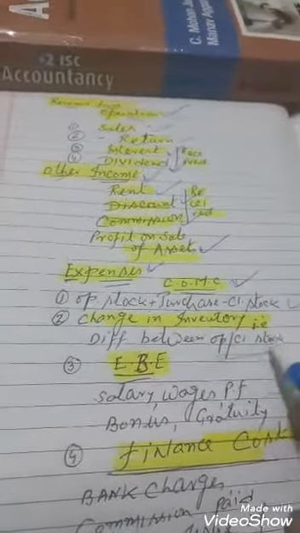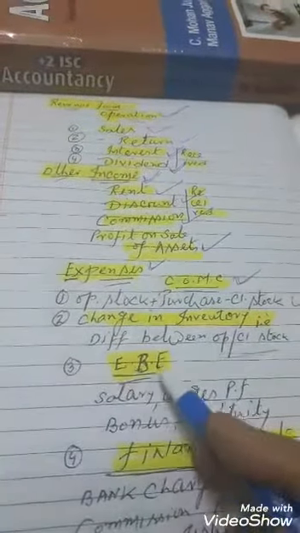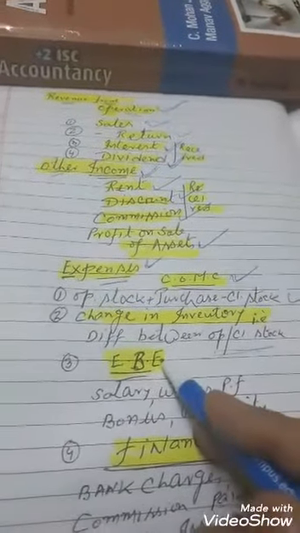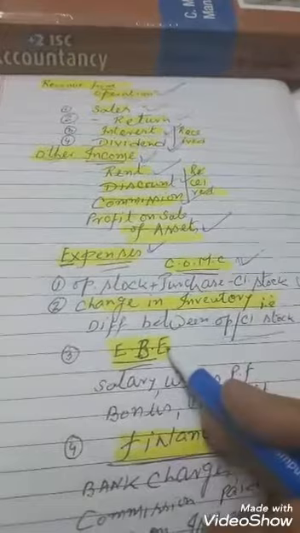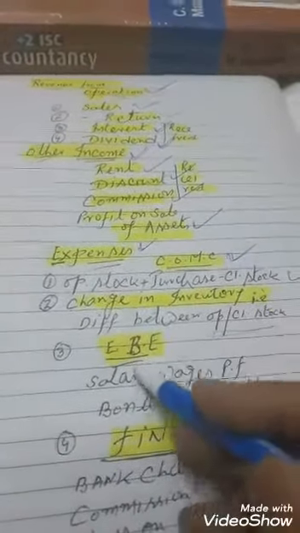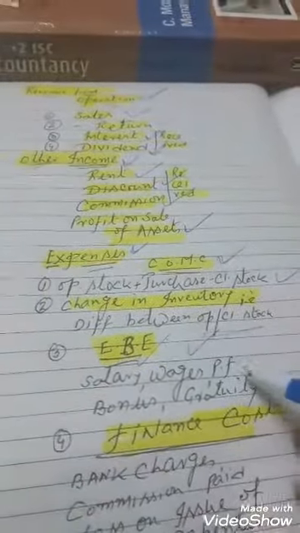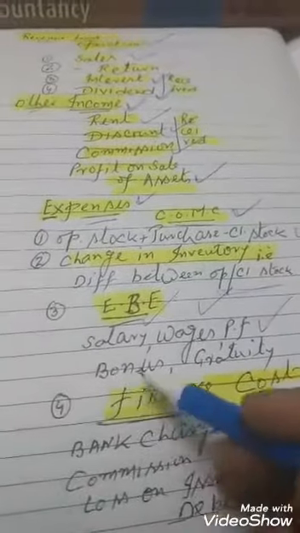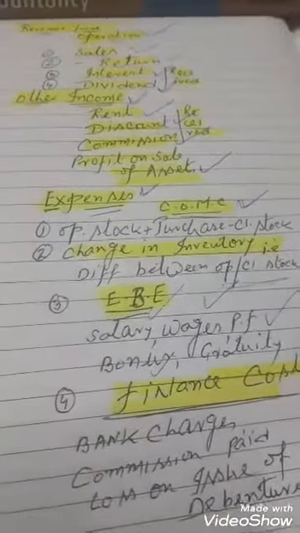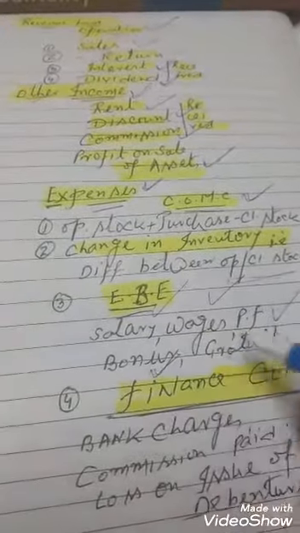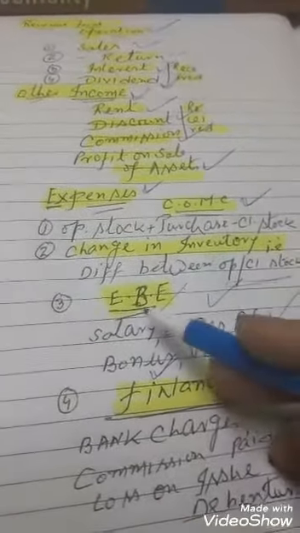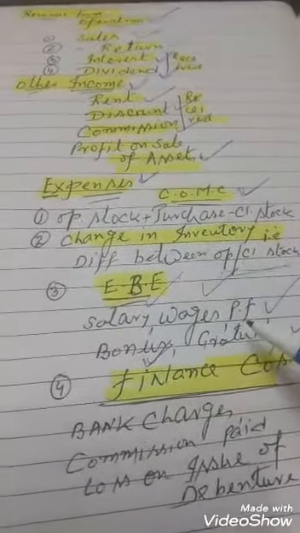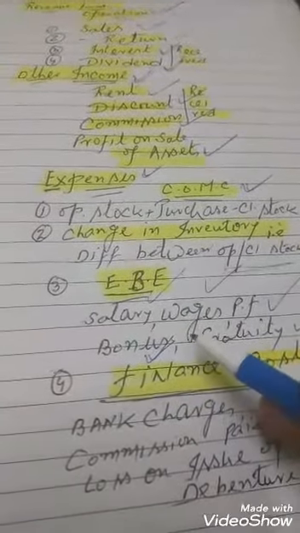Then comes EBE, employee benefit expenses, whatever payment we made to the employee, that is known as employee benefit expenses: salary, wages, PF (provident fund), bonus and gratuity.